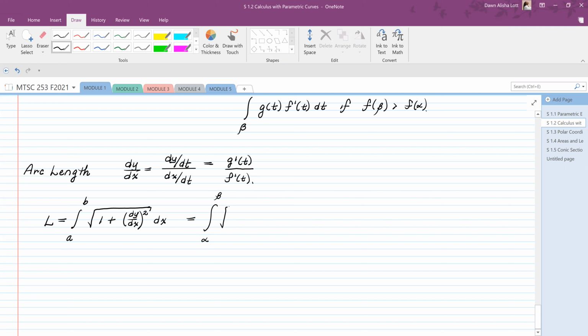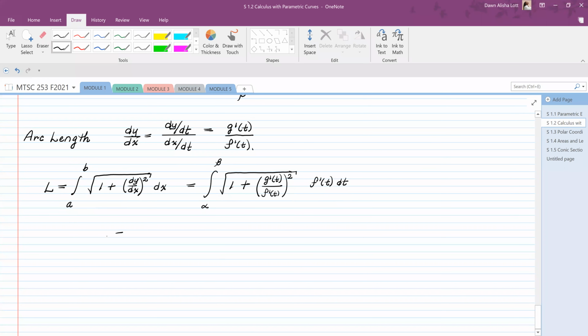I'm going to get the square root of 1 plus, on the top, g prime of t, and on the bottom, f prime of t. I'm going to square that. And then on the outside, dx is f prime of t dt.